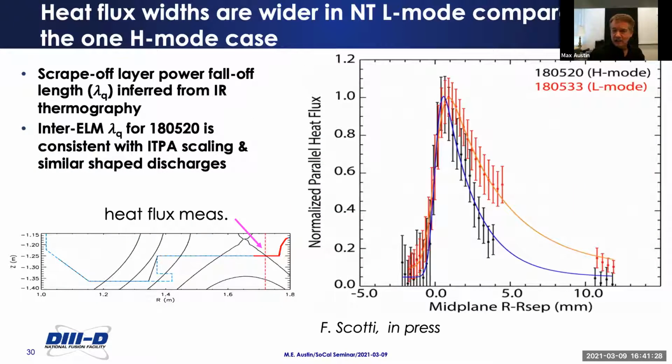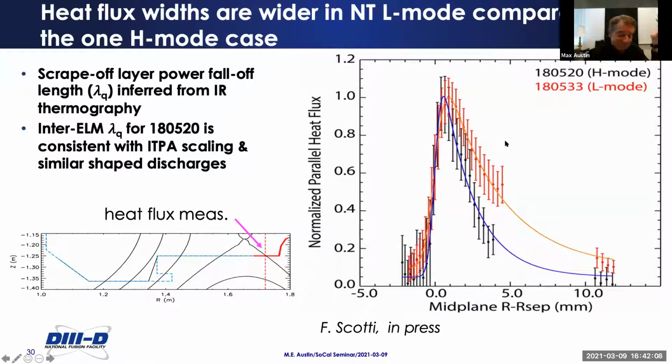Okay, moving on to some other aspects of this diverted shape. Like I said, we wanted to measure heat fluxes, and this is work by Filippo Scotti, with measurements from the infrared camera. This measures parallel heat flux versus radius. We're looking at a portion of the lower divertor with the strike point. This is the width of the lamp. This is how you measure the scrape off layer power fall off.